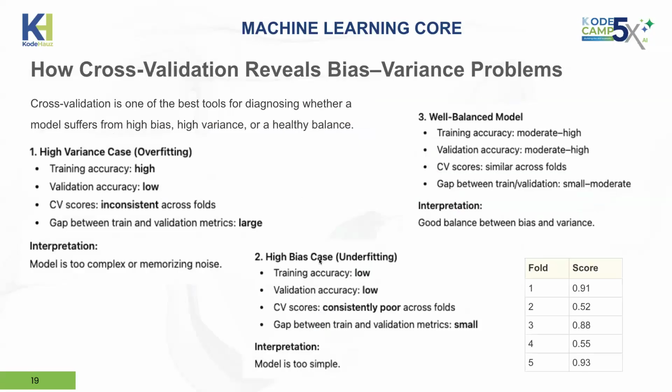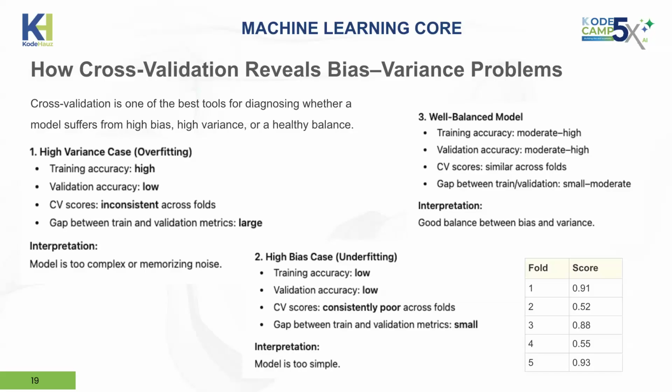So we also saw how you can use cross-validation to reveal bias-variance problems. If you use cross-validation, you will find that high variance leads to high training accuracy, or low training loss, but low accuracy on validation.